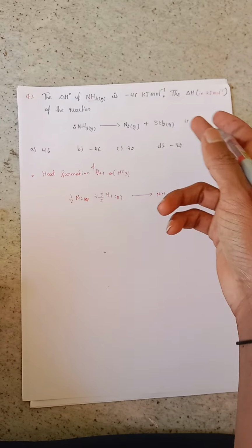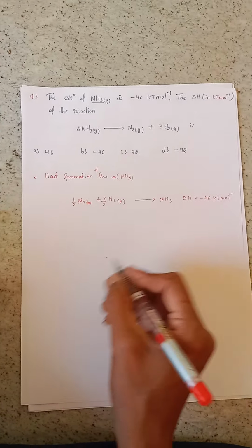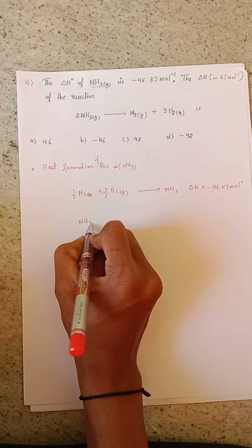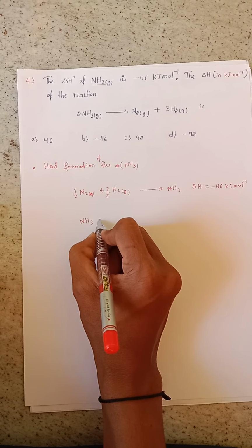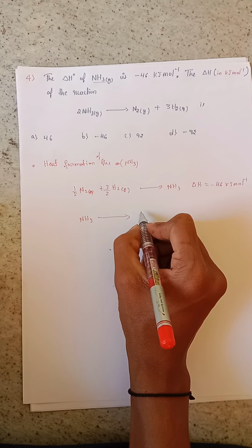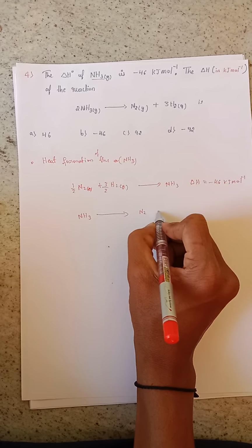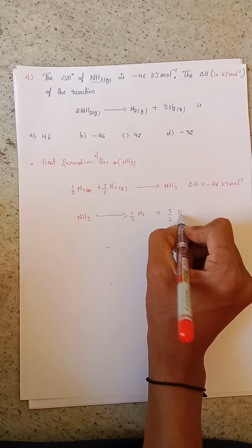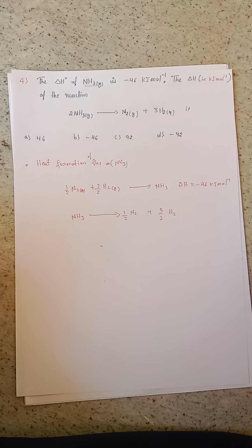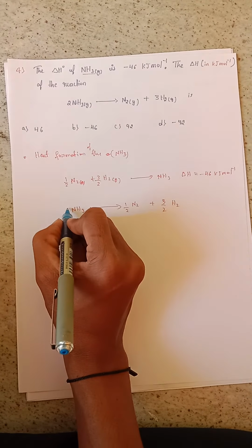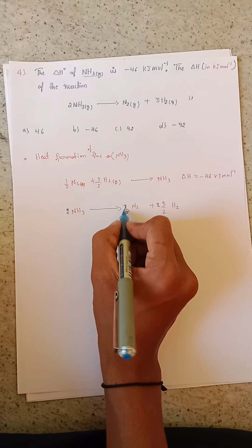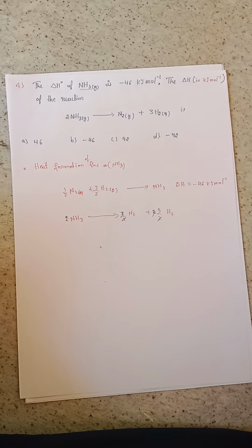Okay, here they have given the reverse reaction. NH3 gives 1/2 N2 plus 3/2 H2. But here there are 2 molecules of ammonia, so multiplying by 2, the 2s get cancelled.